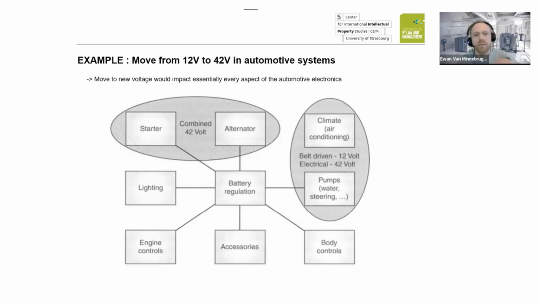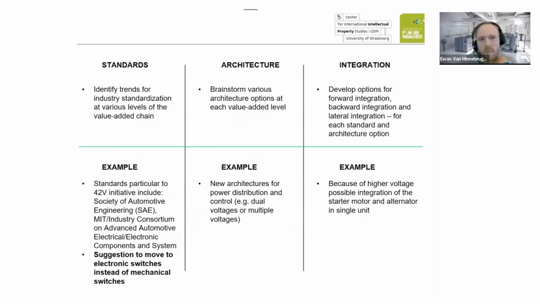The potential move that was suggested by 2 automotive manufacturers, or maybe even more, from 12 volts to 42 volts. Electrically speaking, it's like a small change, but of course this will affect the entire electrical system that we have in the cars. As you can see on this graph, all the interconnected parts of the electrical system will be affected. And then we move to the more detailed analysis.